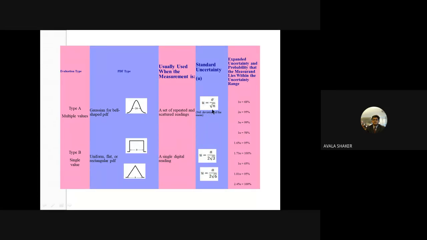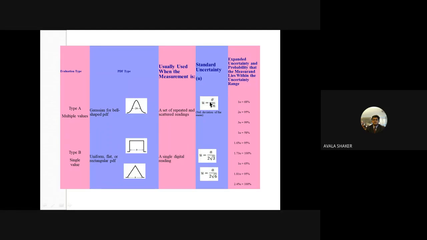So we have done this yesterday. The standard uncertainty is your standard deviation by root n. Okay. So your 1u, because you write it as plus or minus, that's why it is 2 sigma they call, is 68%, or means if you give me a value or from a particular reading, so that will lie within the true range.